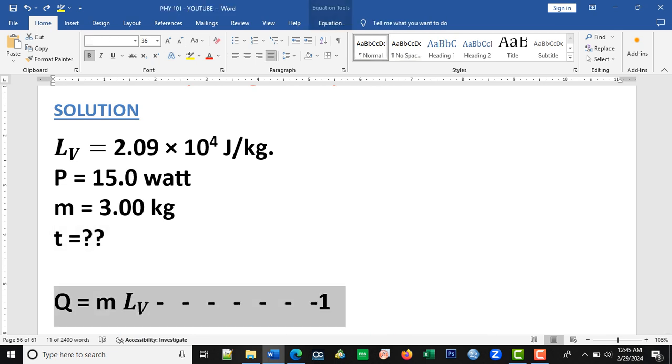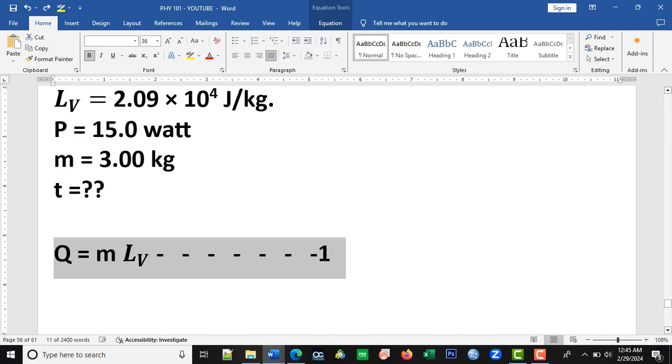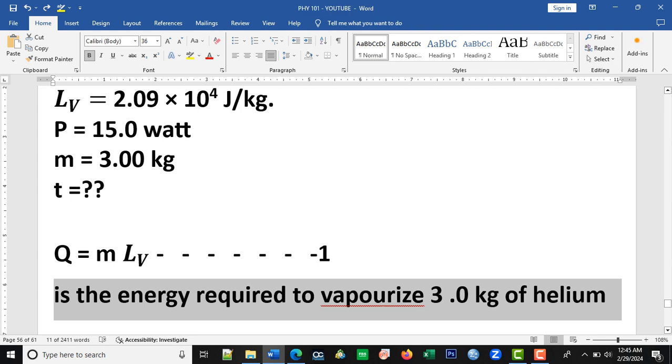So equation 1 will help us to find the quantity of heat Q if we multiply the mass and the latent heat of vaporization. But that is not all. We still have other expressions, but in this case we will call this the energy required to vaporize 3.0 kilogram of helium.